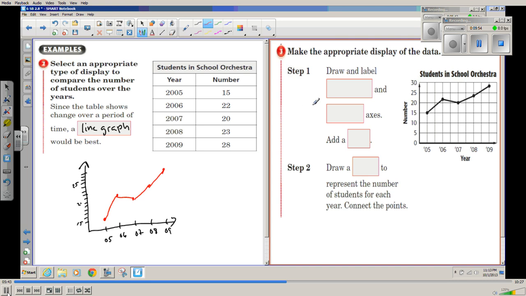Alright, so make an appropriate display of the data. So draw and label a horizontal and vertical axis, which I just did over here, and they have right here.